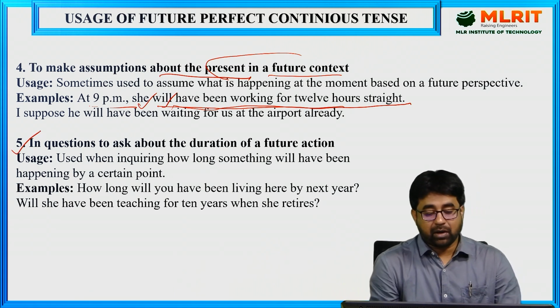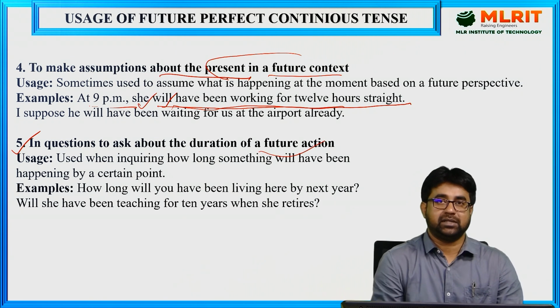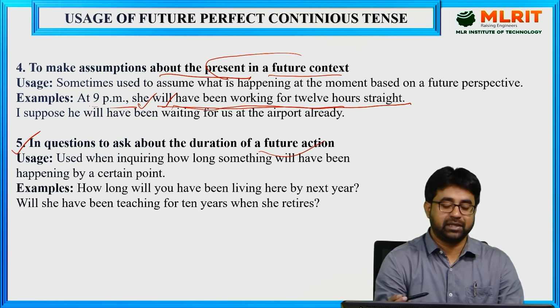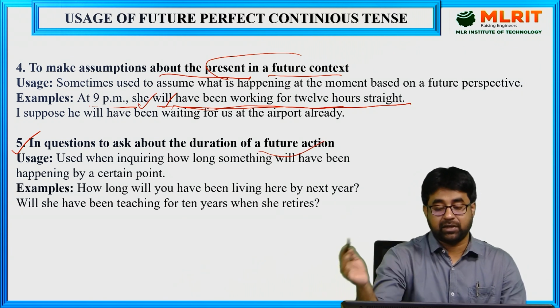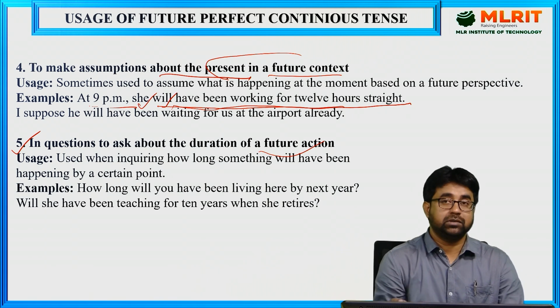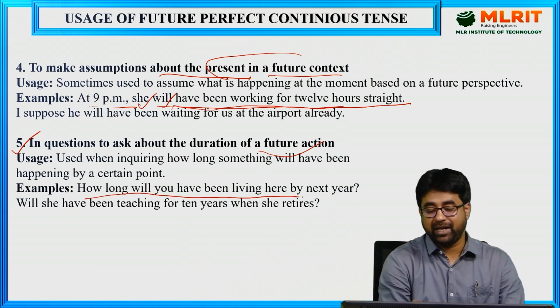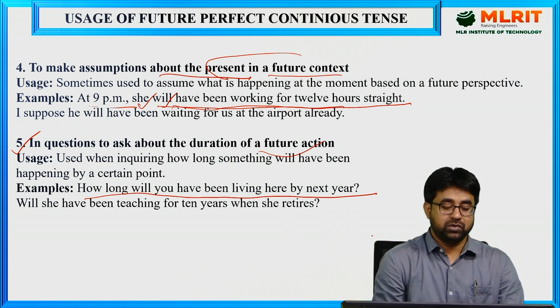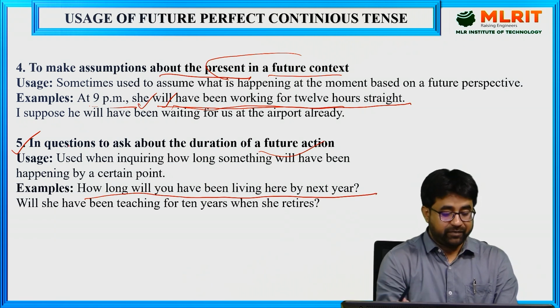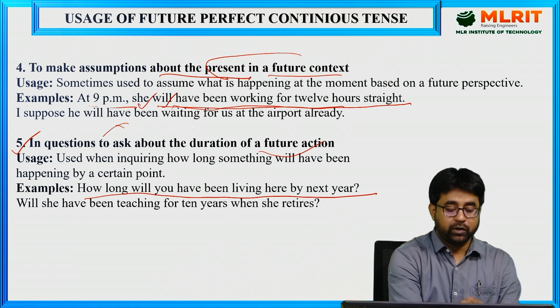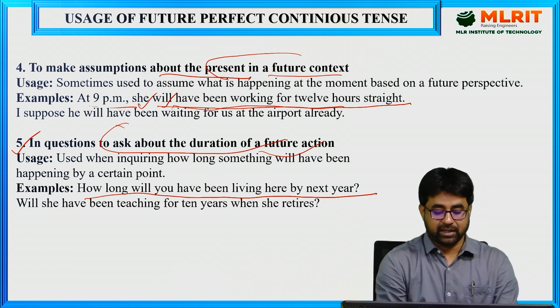In questions, to ask about the duration of a future action. So when we frame a question to ask about the duration of a future action, then also we use this future perfect continuous tense. How long will you have been living here by next year? So I am framing a question to ask about the duration of a future action.